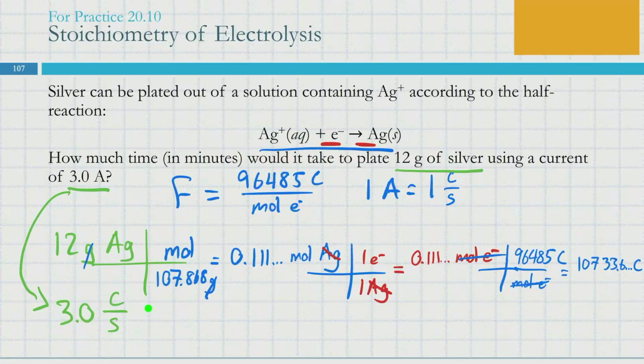And this is where the coulombs per second version of amps comes in handy. Coulombs per second has seconds in it. Seconds is a unit of time, of course. So we can convert from coulombs to seconds using this 3.0 amps.